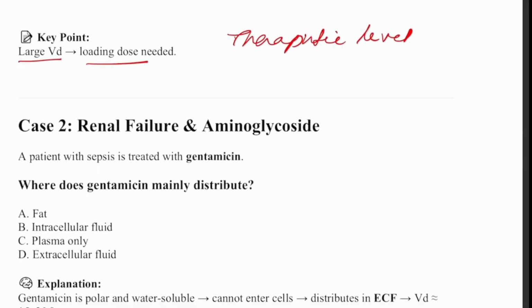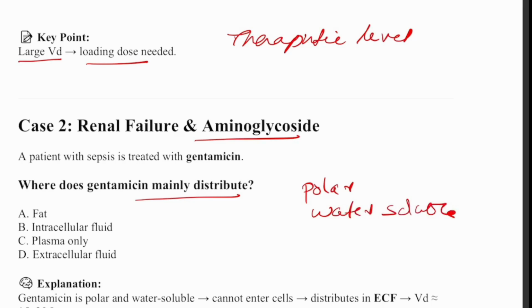Second case, a patient with renal failure and sepsis, and you are giving aminoglycosides. Where does gentamicin mainly get distributed? Gentamicin is polar and water soluble, so it cannot enter the cells.